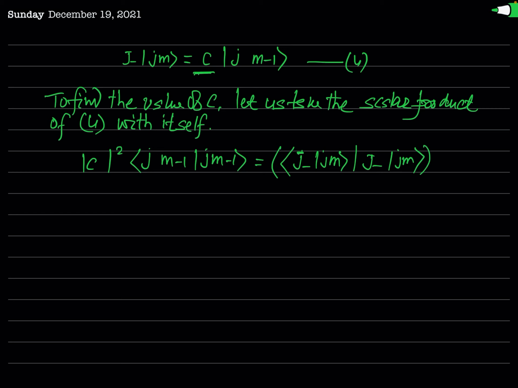Now see, as you know that these operators, j plus operator and j minus operator, which are called raising and lowering operators, these are not Hermitian operators. I have told you several times these things. But j plus is the Hermitian adjoint of j minus, and j minus is the Hermitian adjoint of j plus.